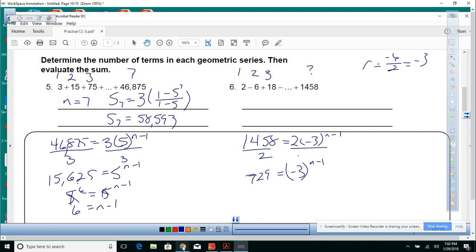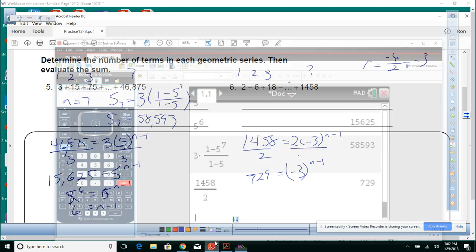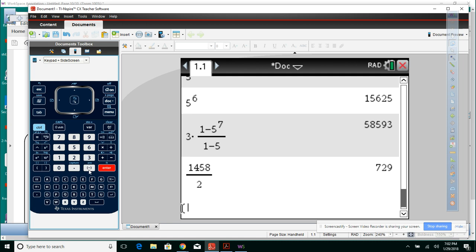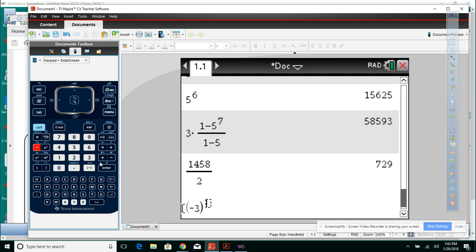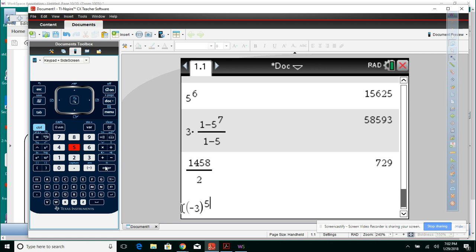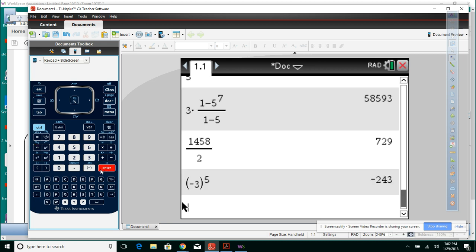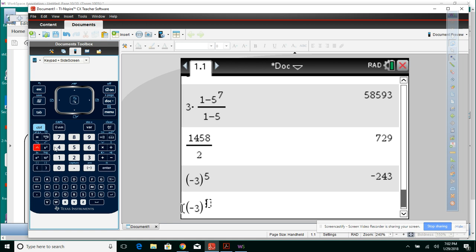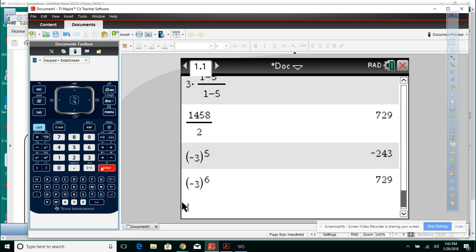Okay. So let's see. Negative 3 caret. Let's try 5. Ooh, so it's going to be 6. Negative 3 caret 6. There it is, 729.